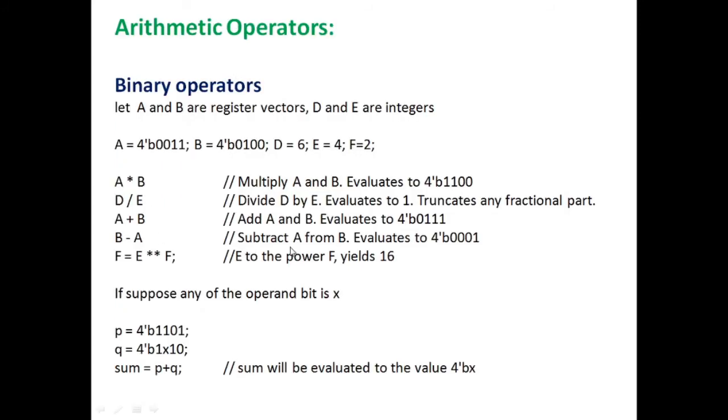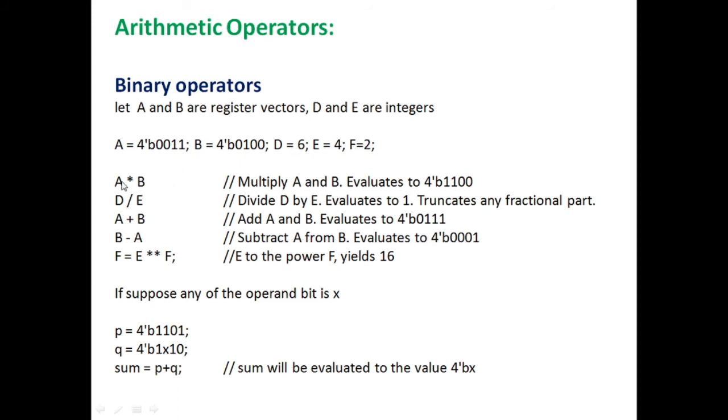Arithmetic operators are mainly of two types, binary and unary. Let me take A and B. These are vectors, in fact not scalars, of register type, and D, E and F are integers.